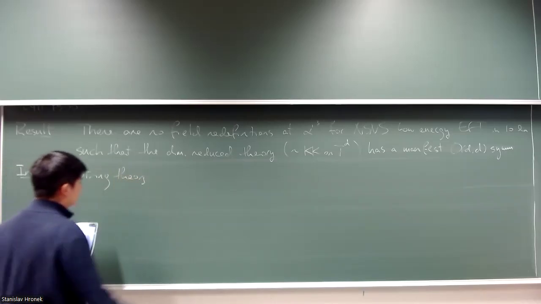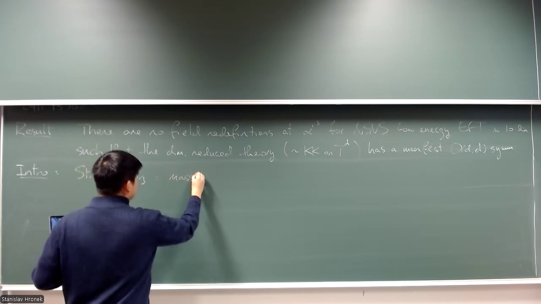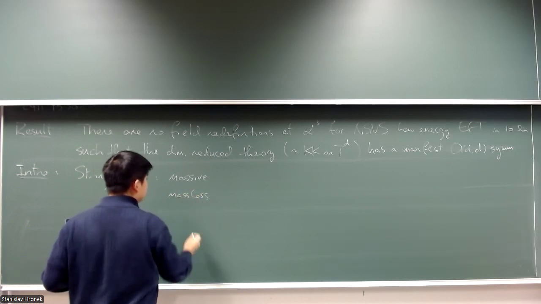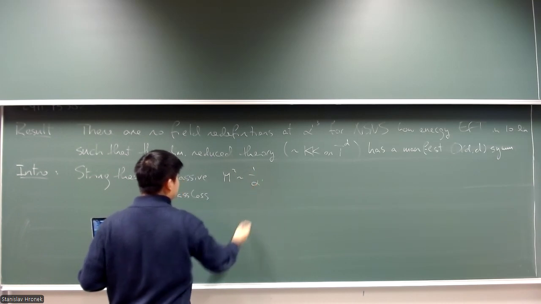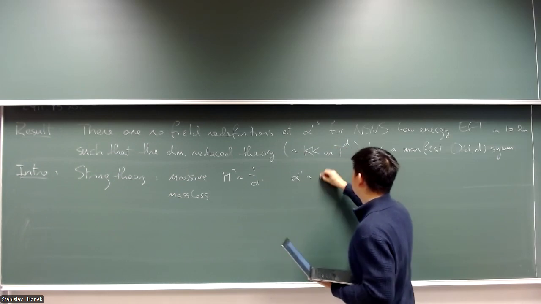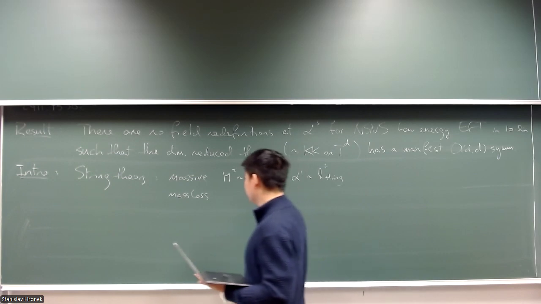String theory predicts some massive states and some massless states, in which the massive ones are typically of order 1 over alpha prime, basically string length squared.